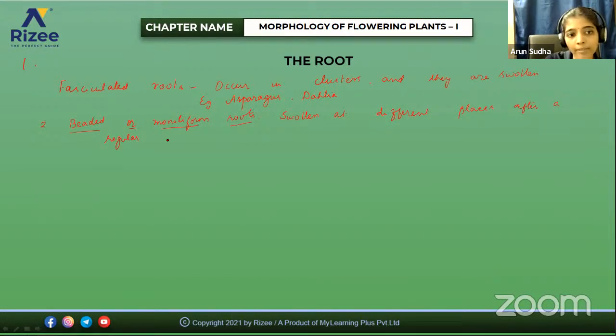A regular interval. So here the examples are grapes, then bitter gourd.